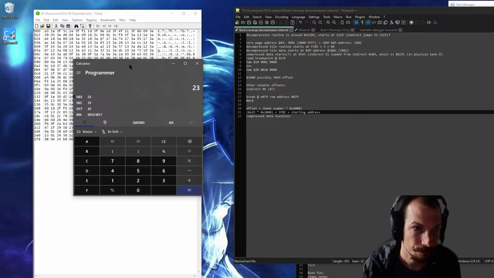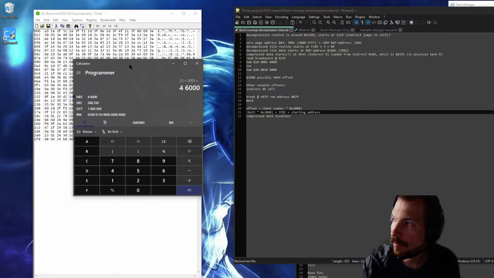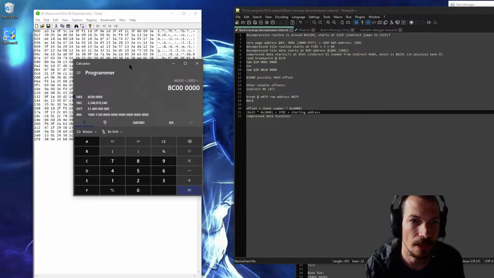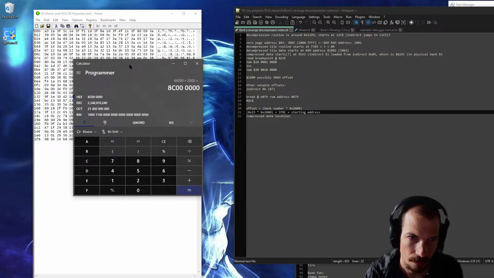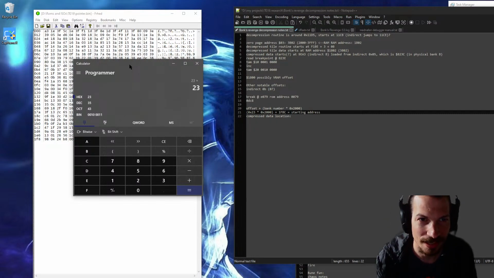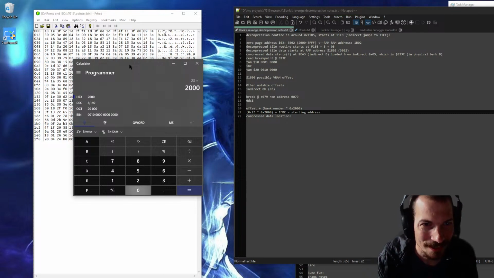So we have 23, which in decimal is 35, and then times 2000. So we know that the compressed data is going to start around offset 46000 in hex. And then we're going to add, wait, that's not right, let me try that again. 23, I hit the wrong key, times 2000. It happens.